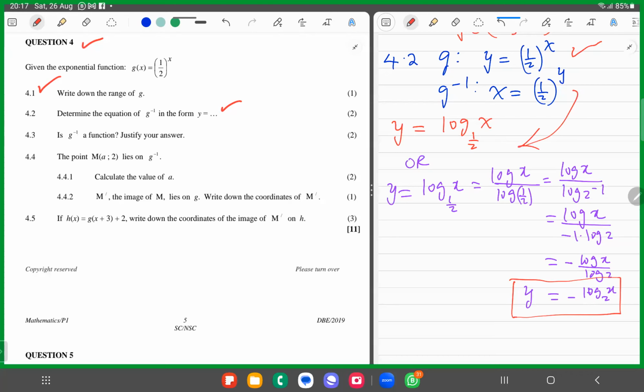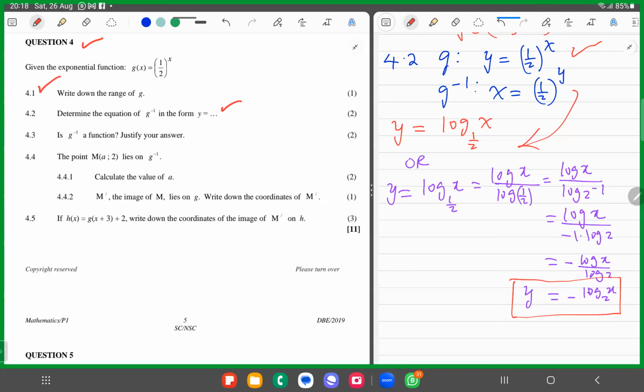But how do we convert the exponential function to the log function? First, we switch the roles of x and y in the g inverse notation.